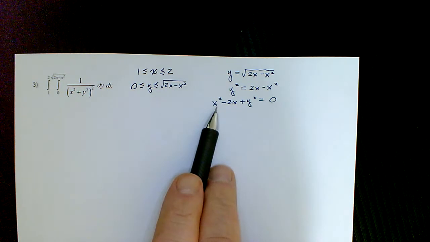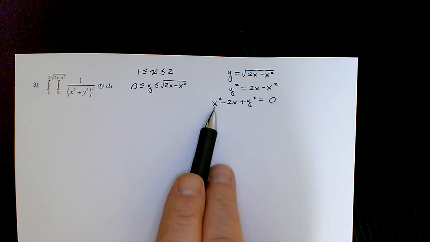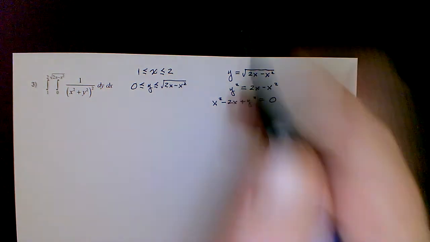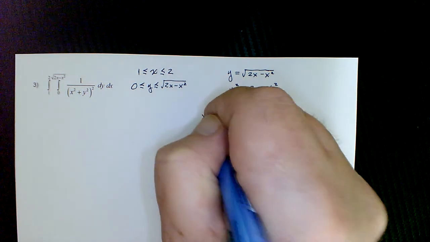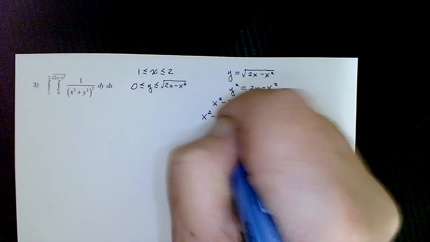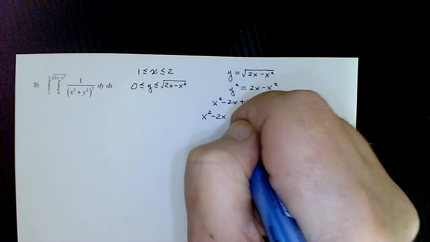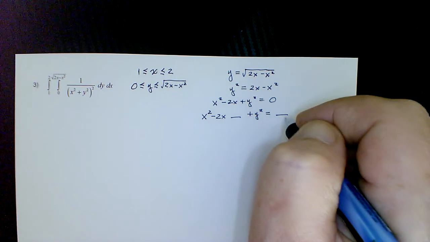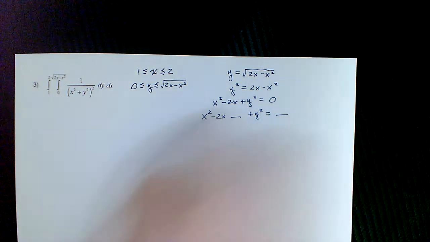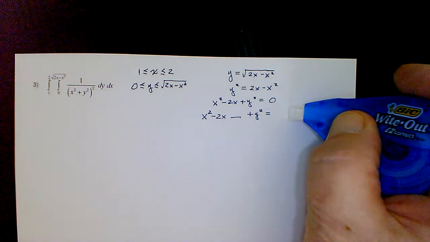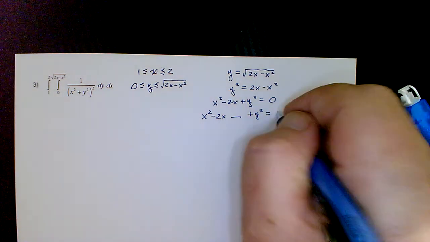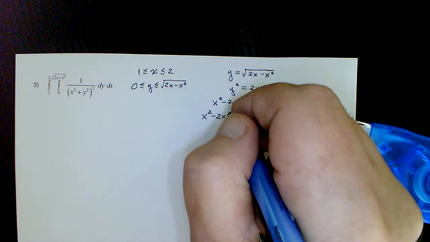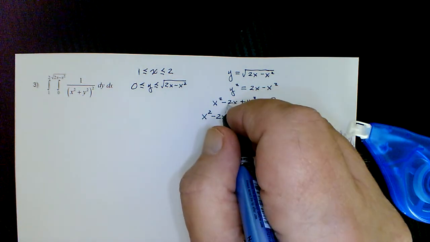Now we know it's a circle, because we've got a positive x squared and a positive y squared. But this negative 2x causes us to actually complete the square, to be able to graph this. So x squared minus 2x and something plus y squared equals something. And that something is what completes the square, which is half the coefficient of the linear term.